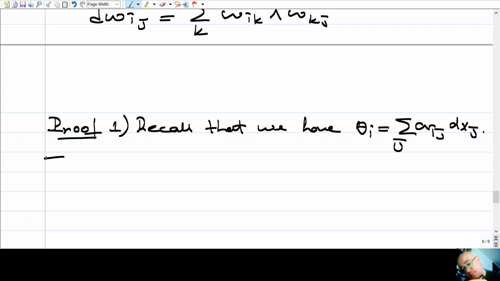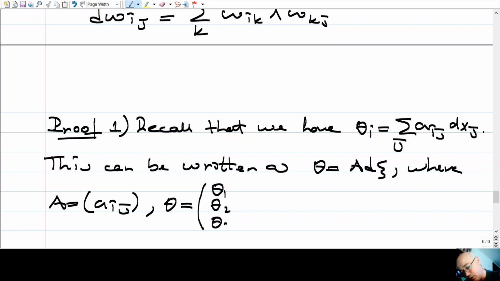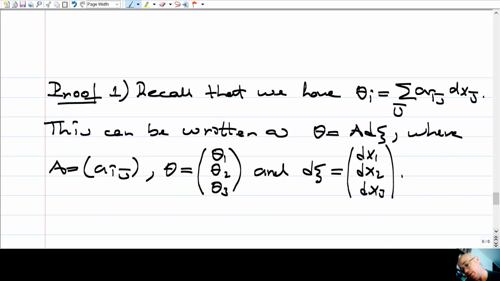And this can be written as matrix multiplication: theta equals A times dx, where A is the attitude matrix, theta is the matrix theta_1, theta_2, theta_3 of dual one forms, and dx is the matrix of one forms dx_1, dx_2, dx_3. It's easy to see this from this equation.